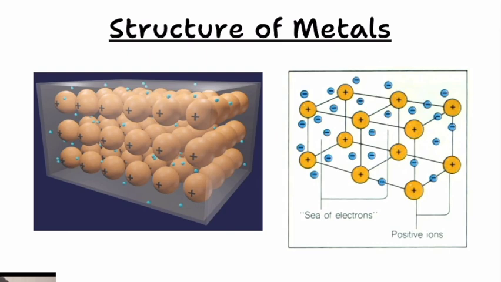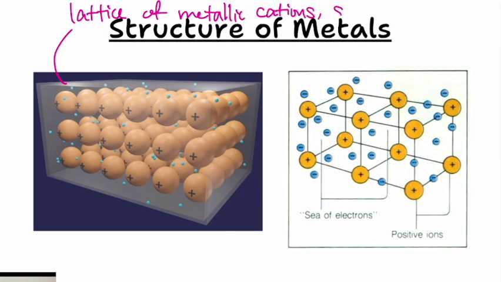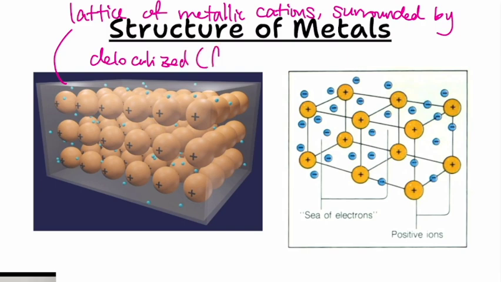When I say delocalized electrons, I mean electrons are free to move. Electrons are not bound to each of the metallic cations. The metallic cations, on the other hand, are highly organized, just like the cations and anions in the crystal lattice structure of ionic compounds. So it forms a lattice of metallic cations surrounded by delocalized or free electrons.